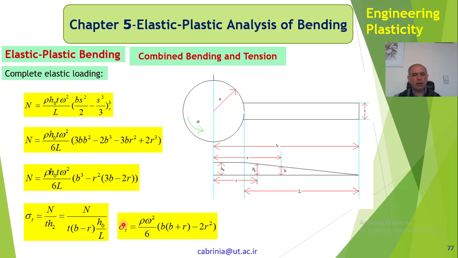Therefore, I have the distribution of sigma T along the blade, changing with R. So I can put R equal to A and obtain the stress at the interface, and put in any R value and get the value of sigma T.